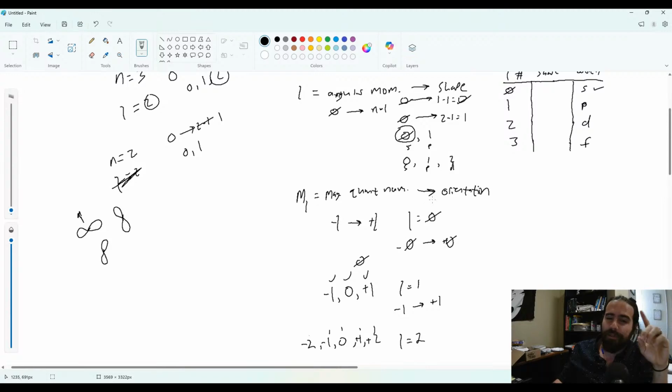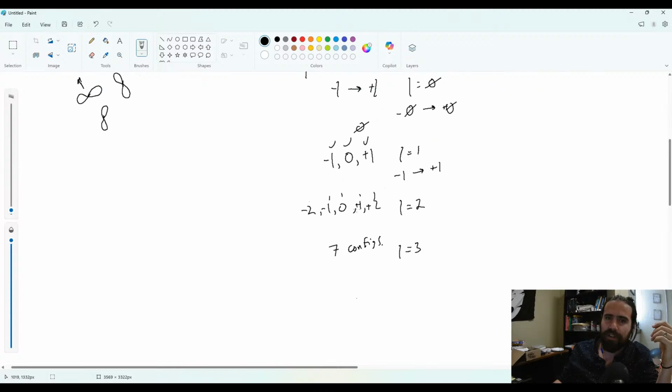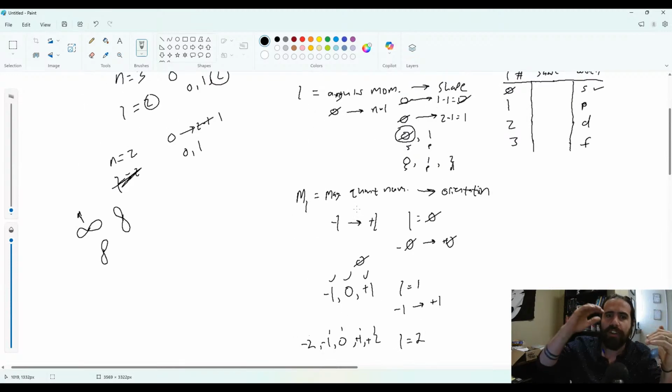If I have an L of 1, I have access to 3 configurations. An L of 2, I have access to 5 configurations. An L of 3, access to 7 configurations. Okay, so these are all different ways that we can talk about the type of orbital, how far away it is from the nucleus, what is its configuration.